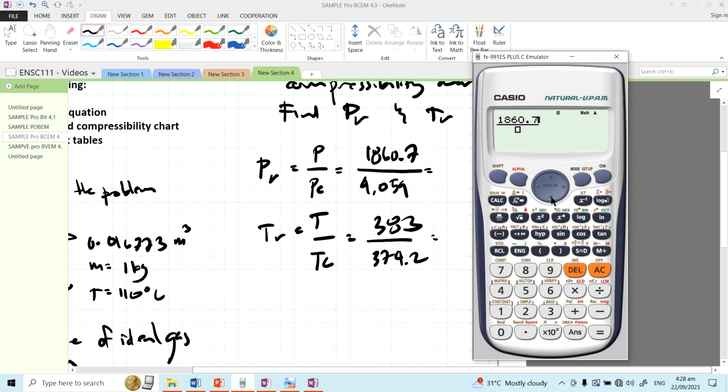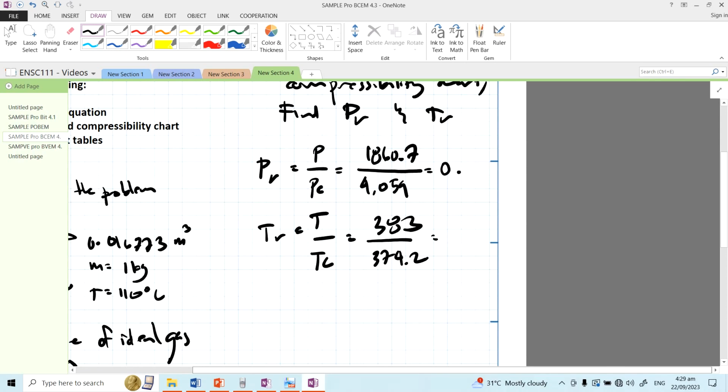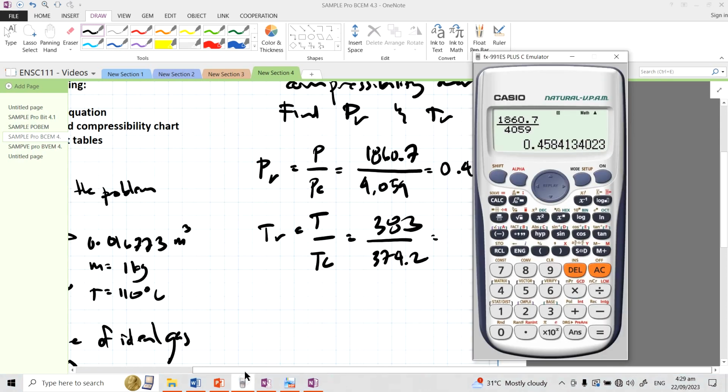1860.7 divided by 4,059. We have 0.46. Then the next one is 383 divided by 374.2. This is 1.02.